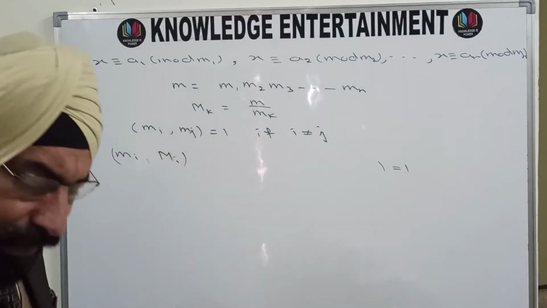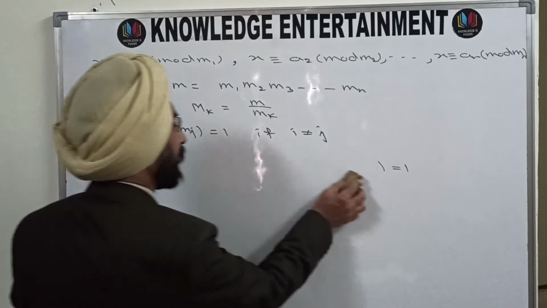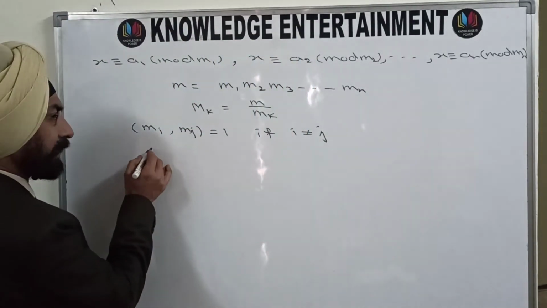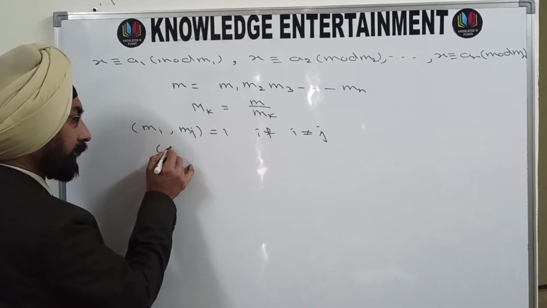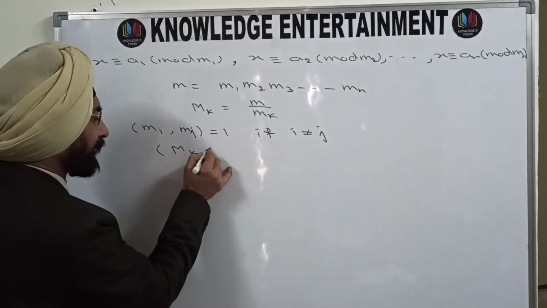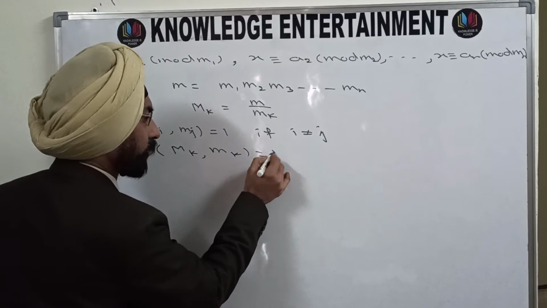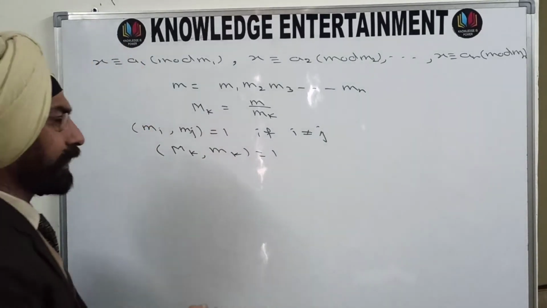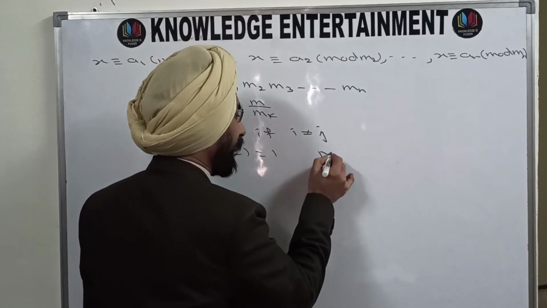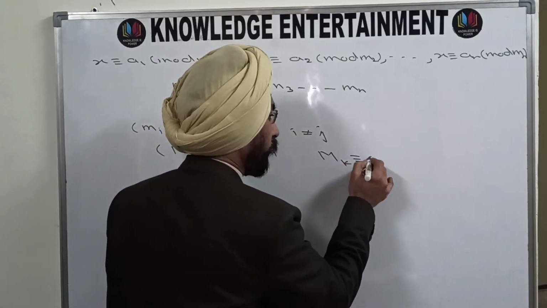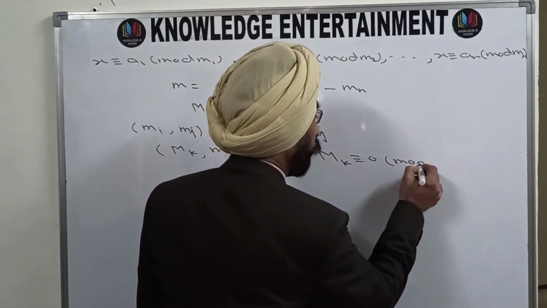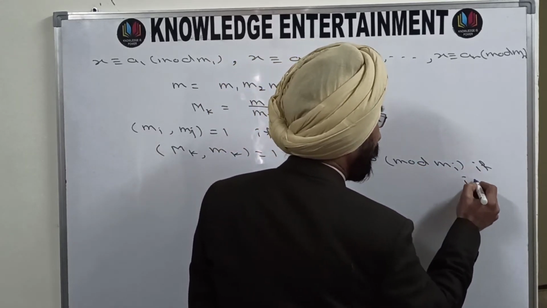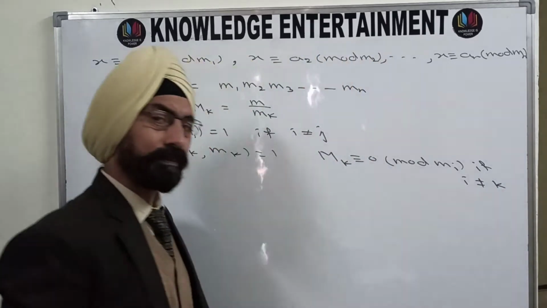So in short, defining Mk like this, you get that the GCD of capital Mk and small mk is 1. And one more thing to note: Mk is congruent to 0 modulo mi if i is not equal to k.